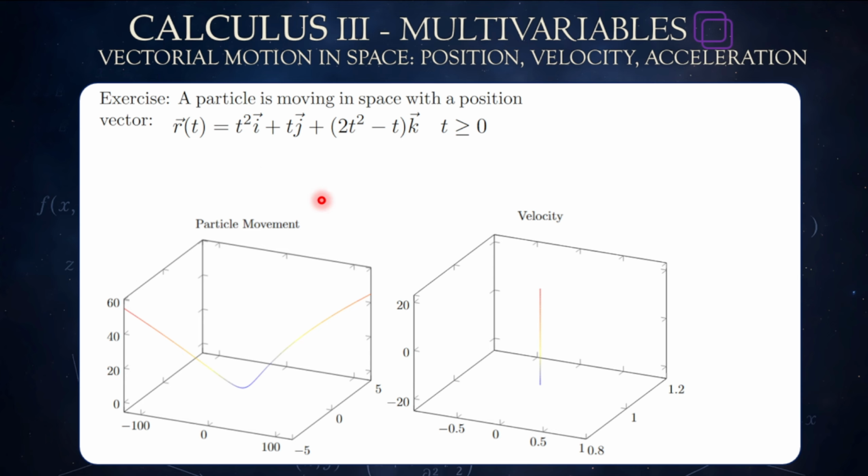From it, you can get the velocity, which is the derivative of r(t), given by 2ti + j + (4t - 1)k. This is what the velocity looks like.